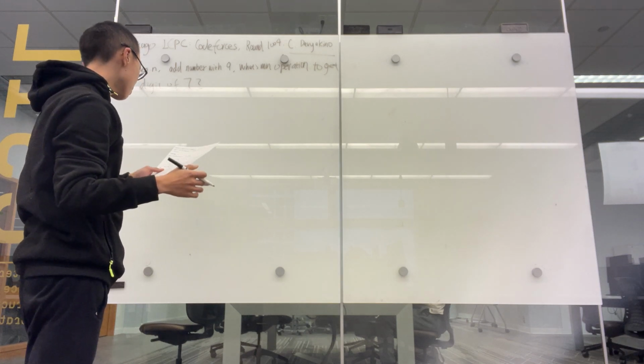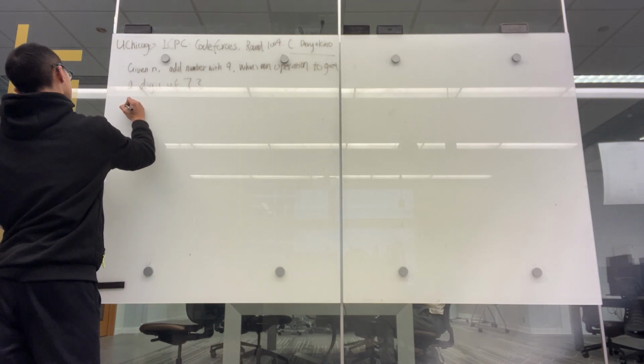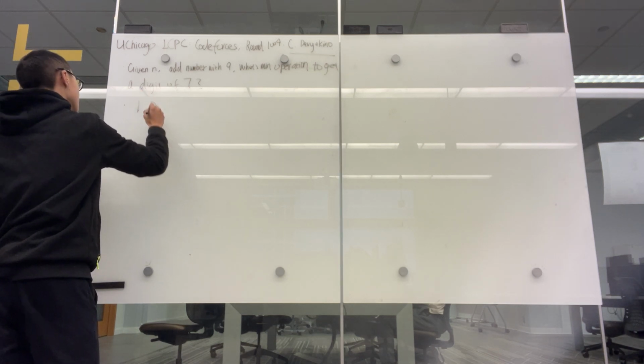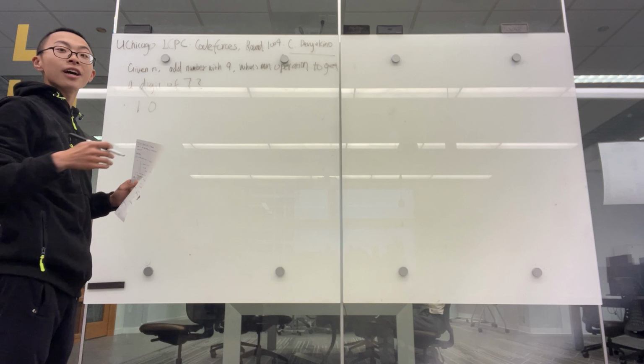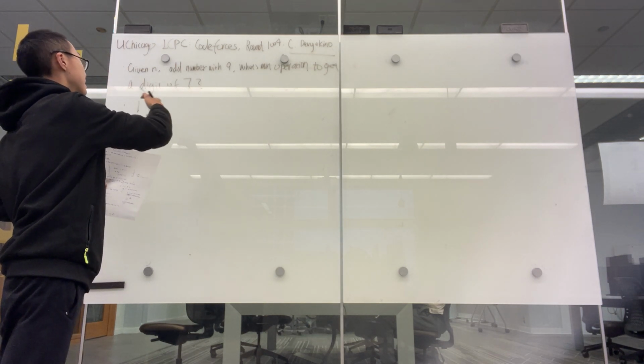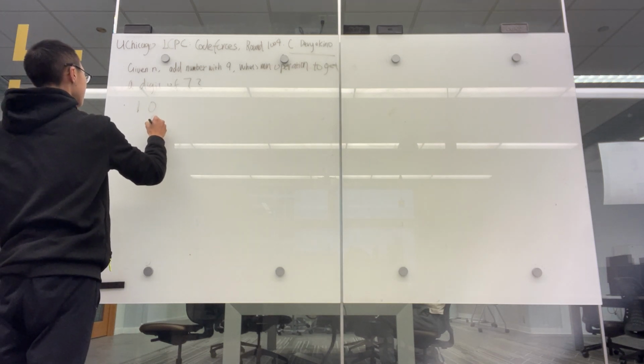For example, the number 10. How many operations can we perform to get a 7? We can first add a 9.